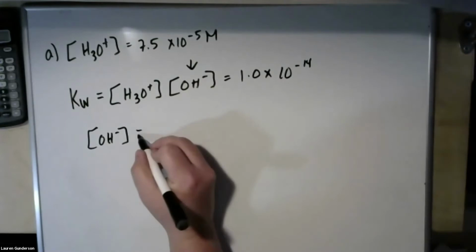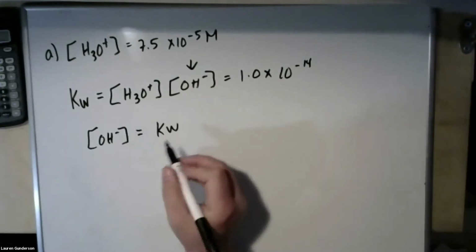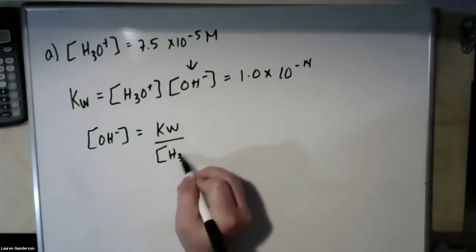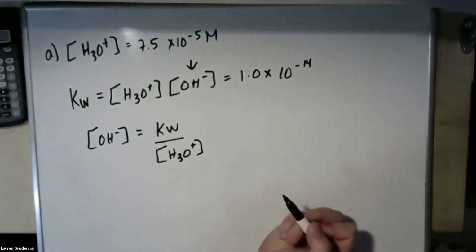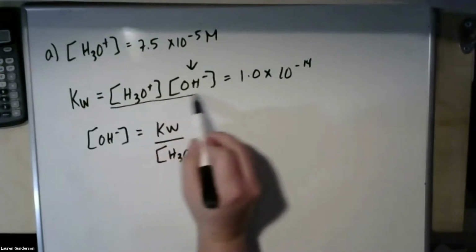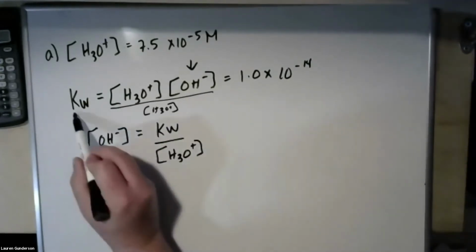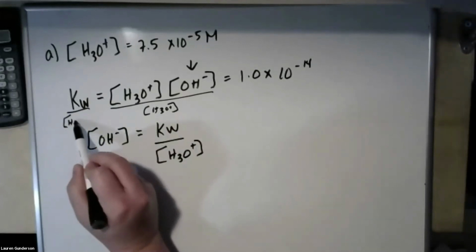To find OH minus, it's going to be KW divided by H3O plus, because I'm going to divide H3O plus over here and over here.